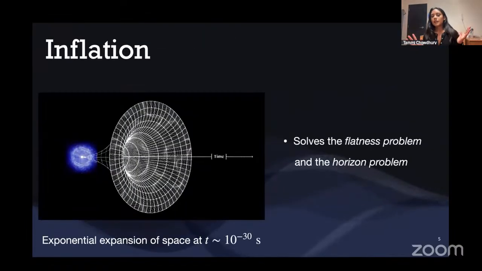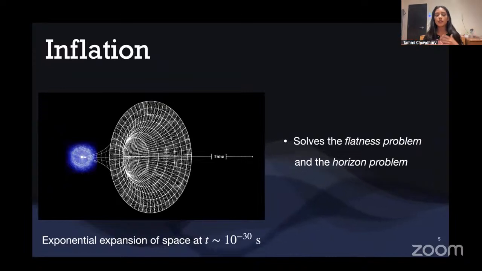So now a very brief description of inflation, just to set the ground here. Inflation is the very fast, exponential expansion of space-time in the first moments, 10 to the minus 30 seconds, of the universe. And it became a very popular model because there were outstanding problems in cosmology, such as the flatness problem and the horizon problem. So just briefly, the horizon problem entails the fact that if you have two patches in space, they, in theory, should not be causally connected.